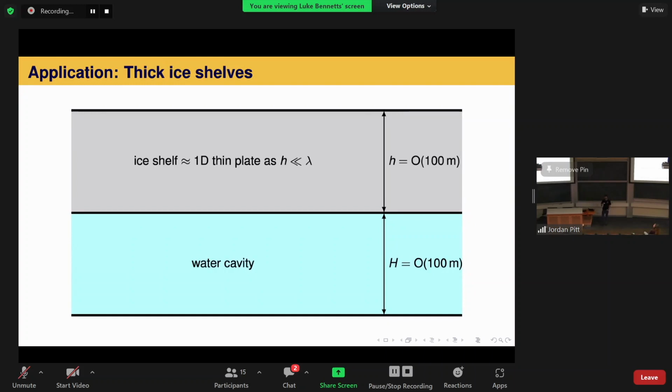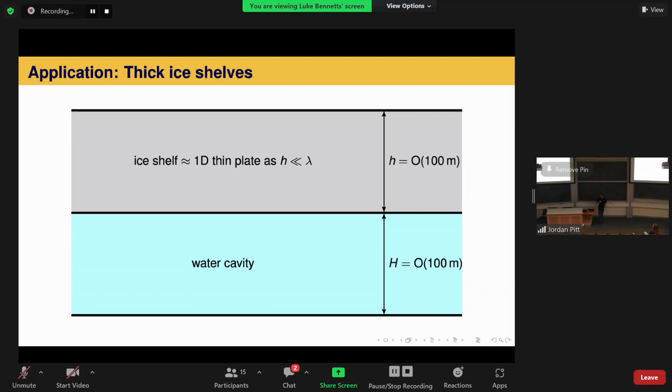That is done on the basis that the waves in the ice are much greater in length than the thickness of the ice. And that's actually not too bad an assumption, because thick ice is going to transform waves which are, say, order 100 meters, like swell in the open ocean, into waves of length order kilometers in the ice.